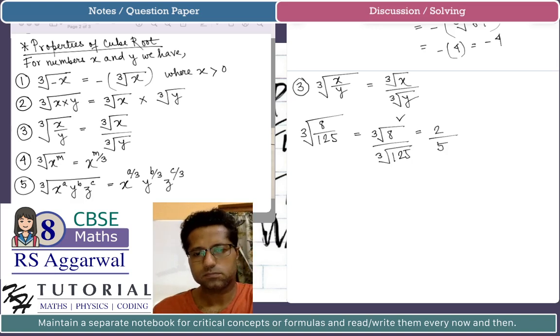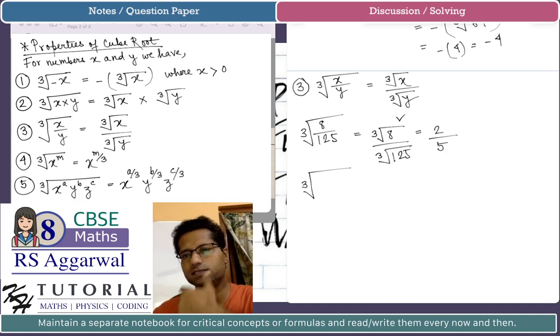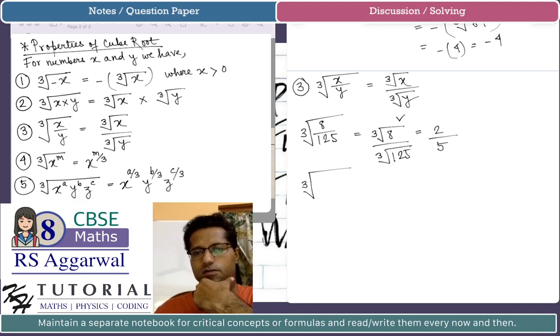Also, the rational number x by y can also be negative. Like say minus 27 by let's say 64. You have to find the cube root of minus 27 by 64.